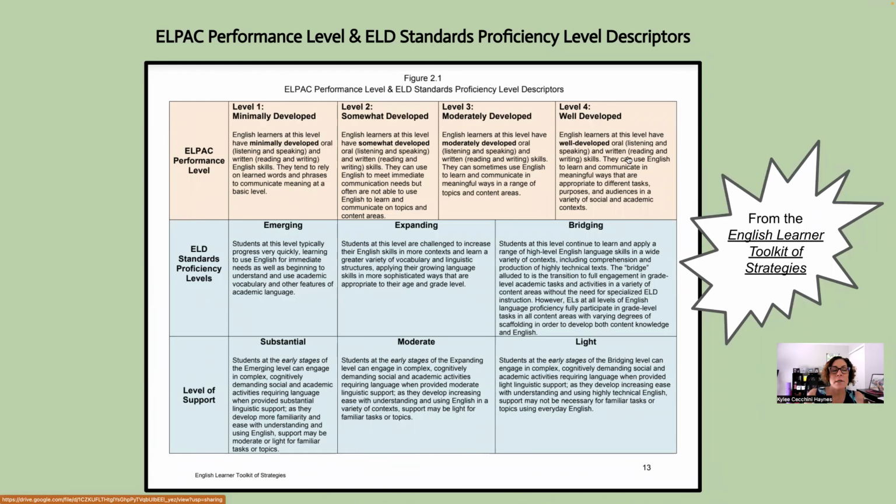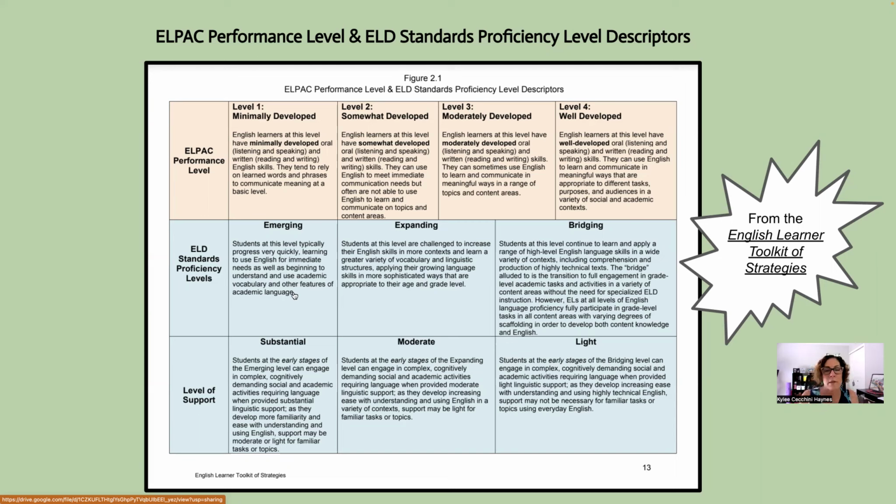When we talked about our ELD standards, which you read in ELD standards chapters 1 and 2 for homework for session 1, there are just 3 proficiency levels, right? Emerging, expanding, and bridging. How they break up and line up with the LPAC performance levels is shown in this graphic here. So a level 1 is emerging for the ELD standards.